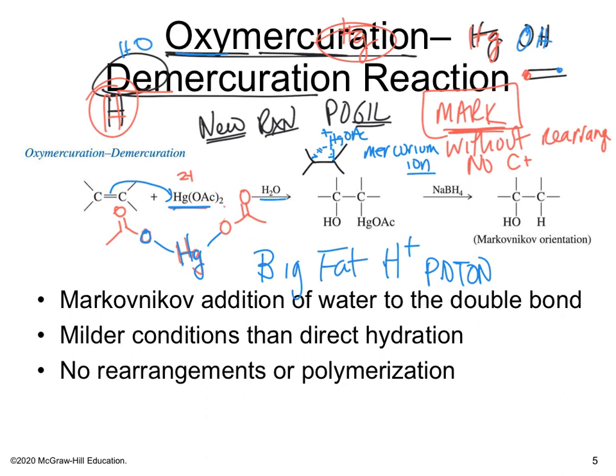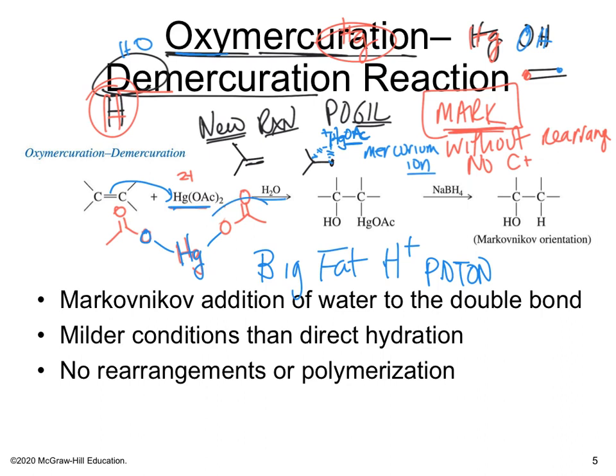You saw this three-membered ring, just like the epoxides and like the bromonium. But let's just take a molecule that was like this. The reason why we want it to be unsymmetrical, so let's take that. If we had something like this, mercury, and now it's one OAc.